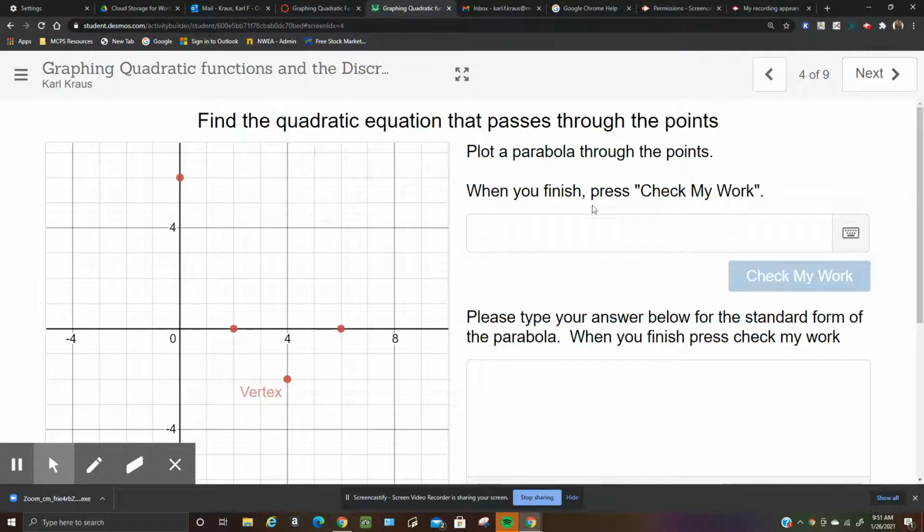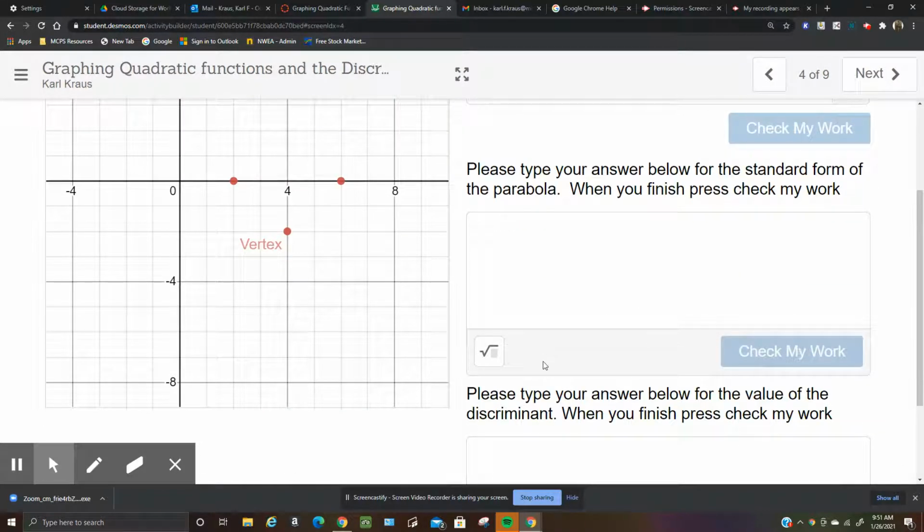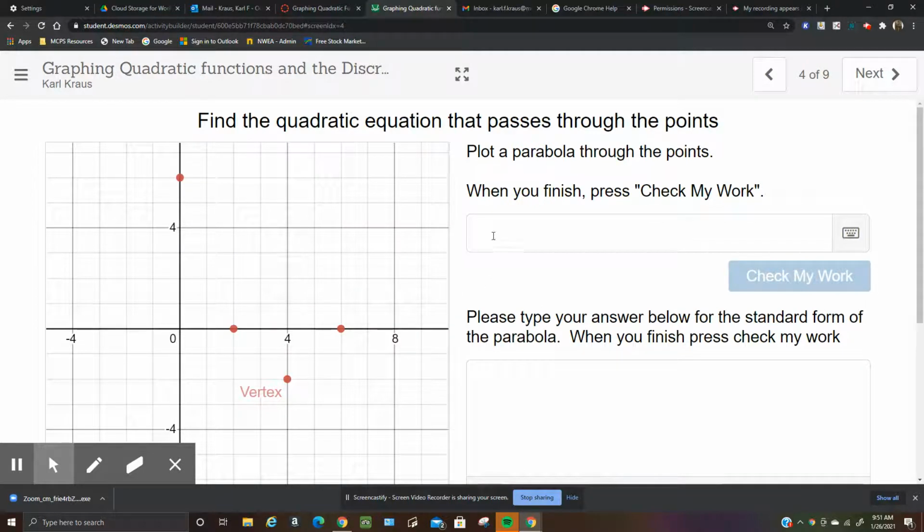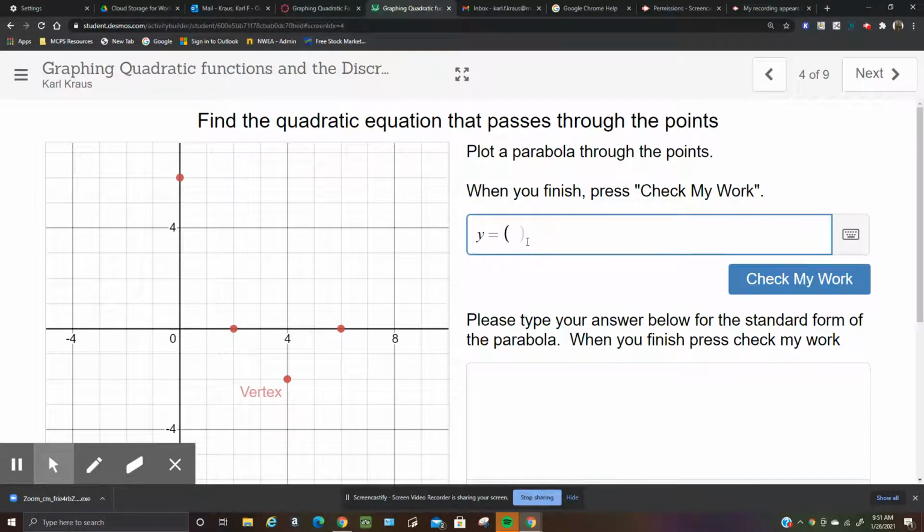The rest of the slides, you have to find the parabola that fits the points, and then find the standard form of the parabola, and then type in the discriminant in the last box. So this one, if I use the intercept equation, it'd be x minus 2 times x minus 6.